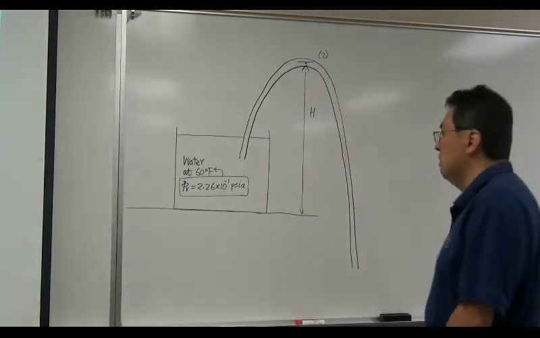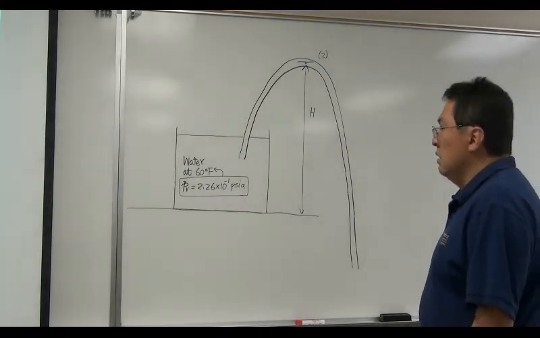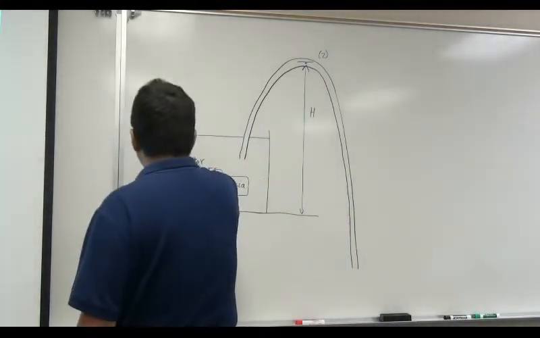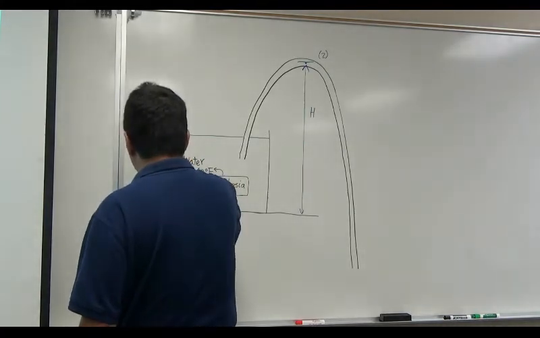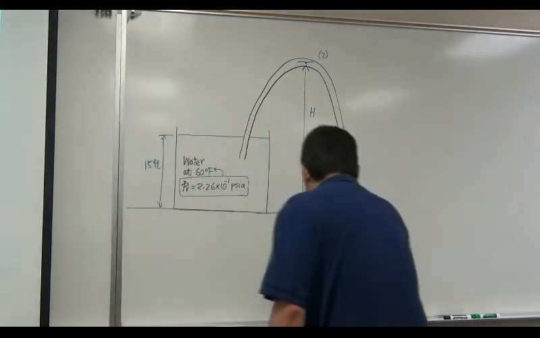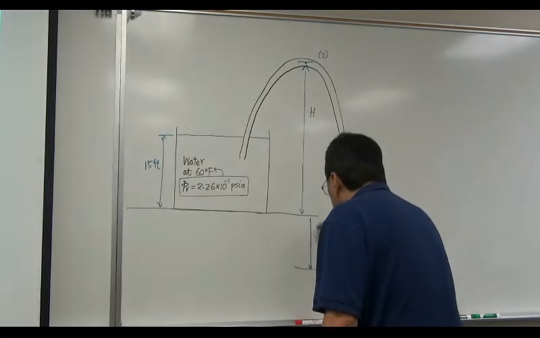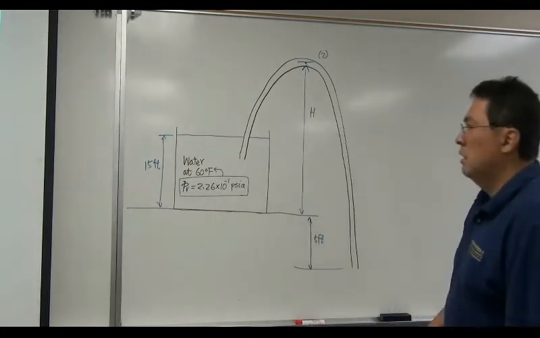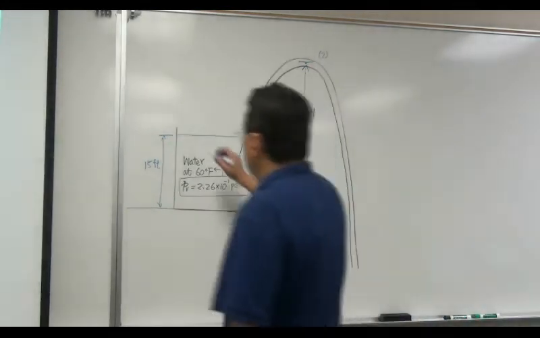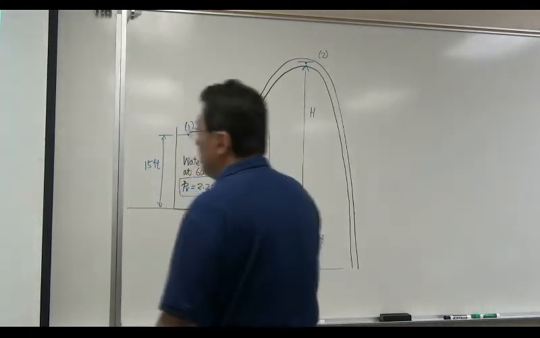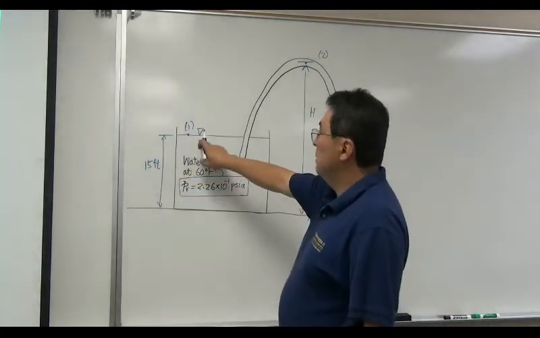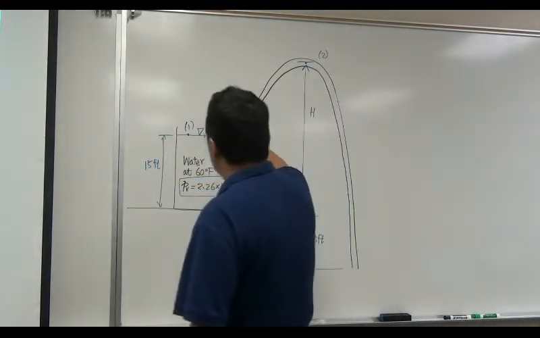Okay, that's the purpose of this problem here. So this is 15 feet deep water, which is really deep. Plus the hose goes down 5 feet more. Okay. Then the problem says this is 0.1 right here on the surface of the water. This is a zero gauge pressure, free surface.